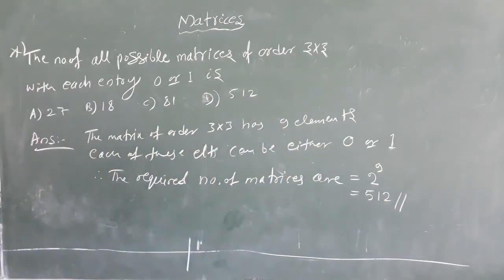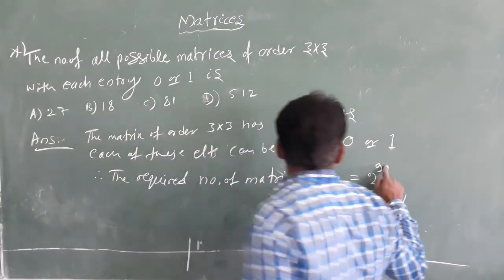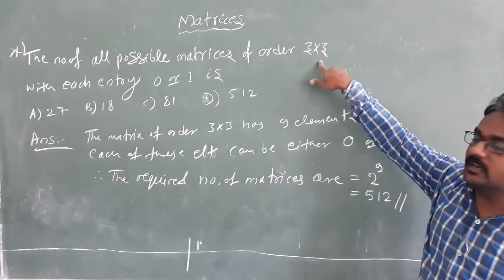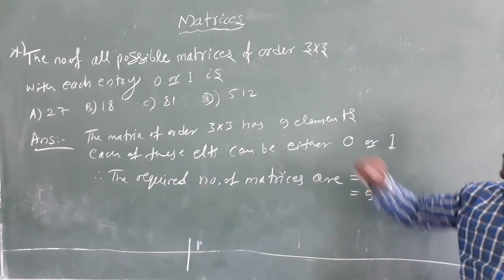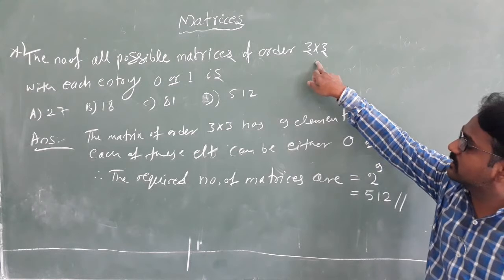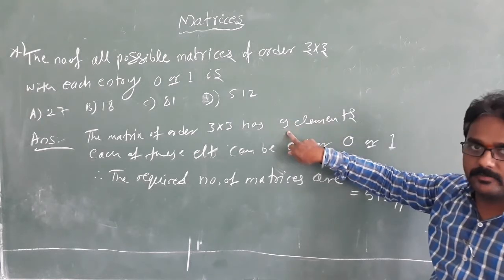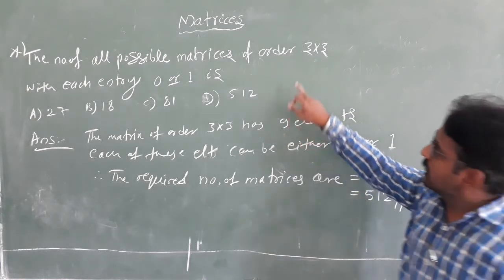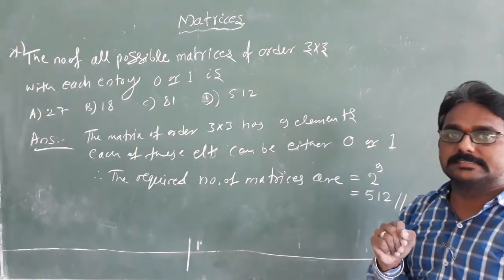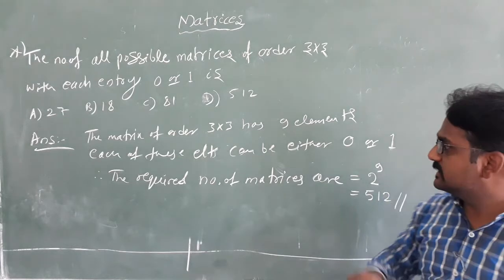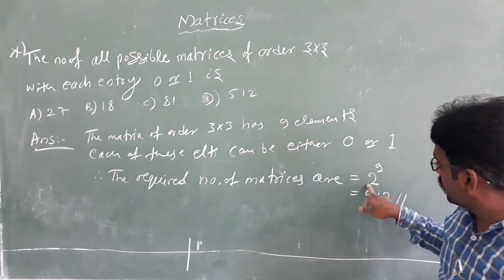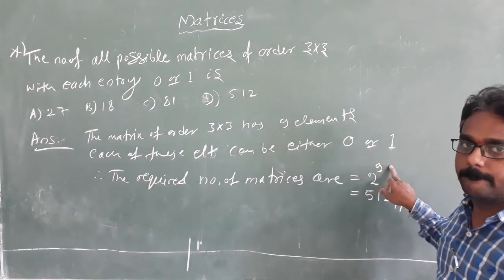So why did I take the 2 here? 9 means the total number of elements present in the given order of the matrix. What is the order of the matrix? 3 cross 3. So the total number of elements in this 3 cross 3 matrix is 9. And with each entry 0 or 1, what are the possible entries? Only 2, that is 0 or 1. That is 2 to the power 9.